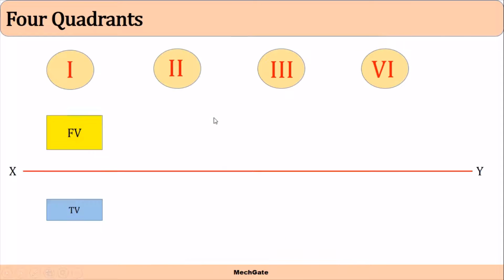This is the relative position of the front view and top view. This is the intersection of the horizontal plane and vertical plane, this is my front view and this is my top view. The front view is above the reference line XY, and the top view is below the reference line XY.